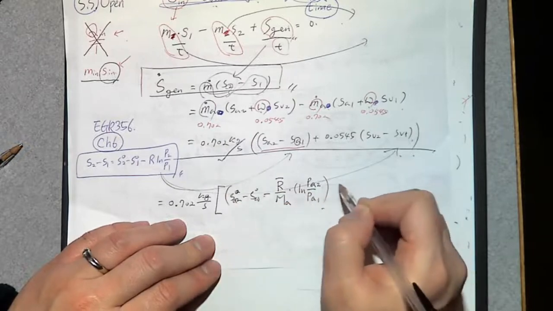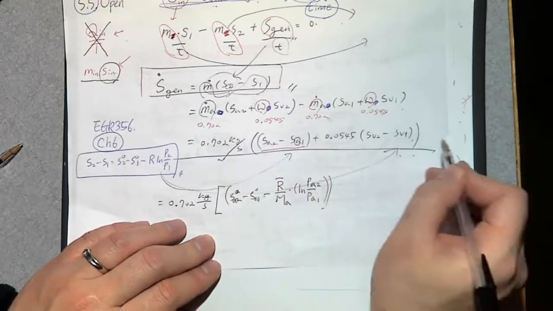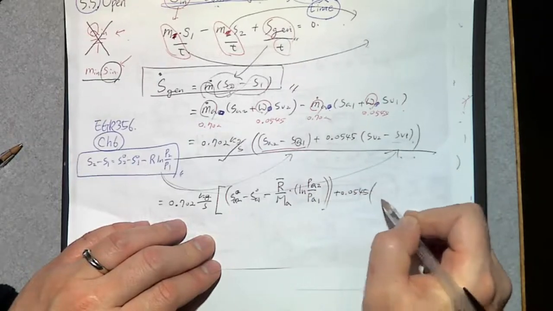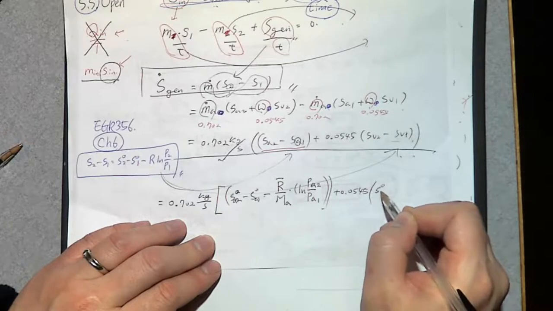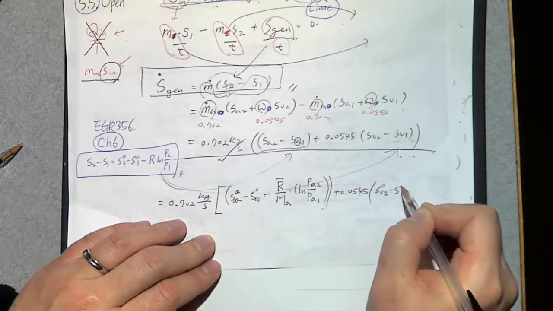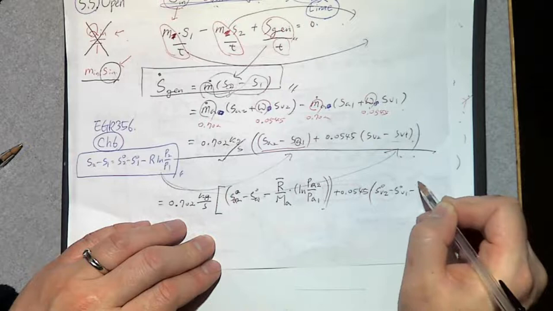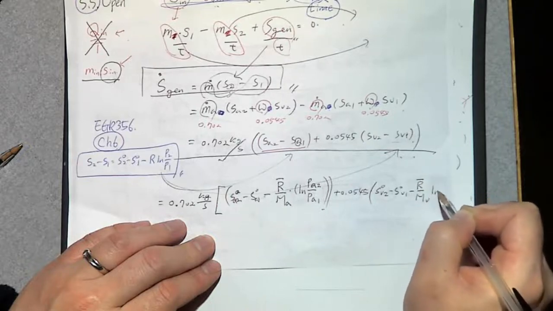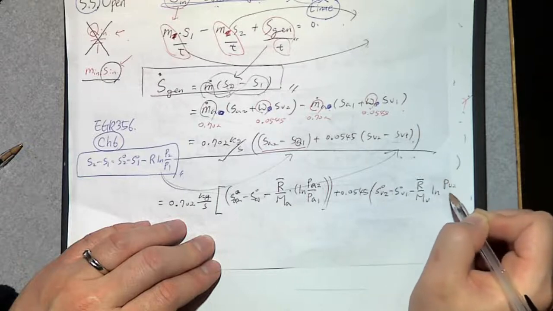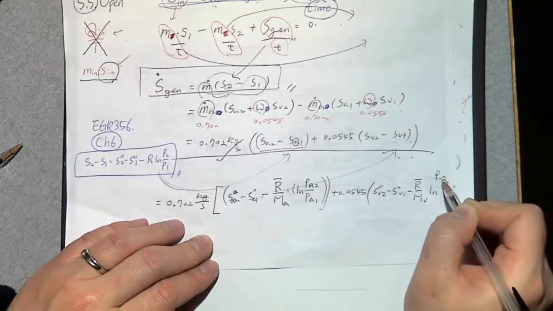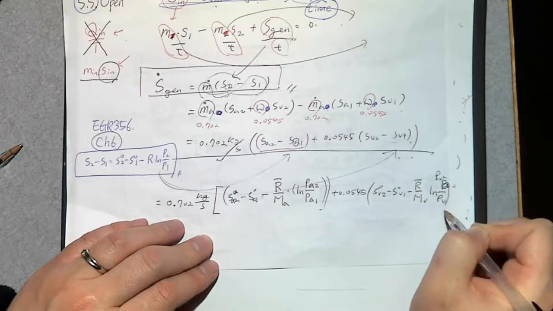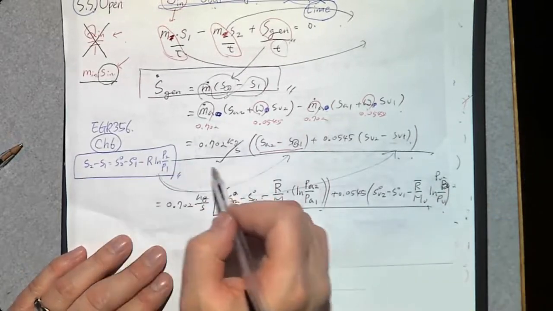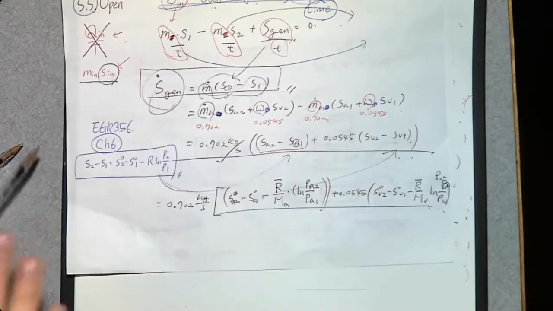Then the second term plus 0.0545 times S degree V2 minus S degree V1 minus gas constant R divided by molecular weight of water vapor, natural log PV2 over PV1. So if you solve this equation, we can determine the rate of entropy generation.